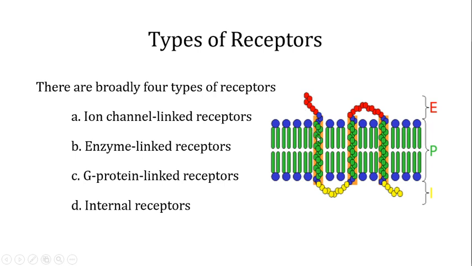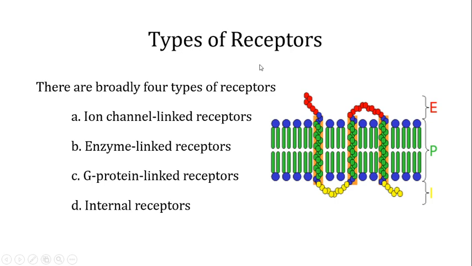Then you have the transmembrane domain, which is present inside the plasma membrane, and the amino acids facing the interior of the plasma membrane are hydrophobic in nature. This transmembrane domain is responsible for the stability of the receptor. And then you have the intracellular or cytoplasmic domain, which communicates the environment of the exterior to the interior.